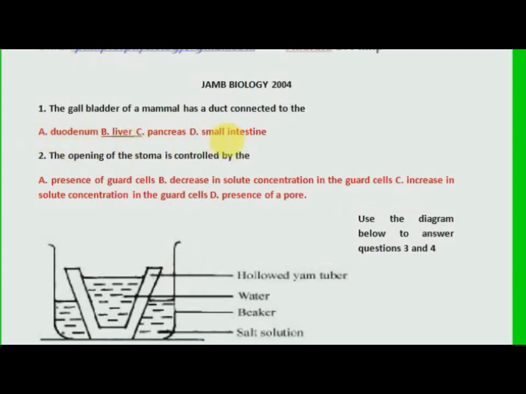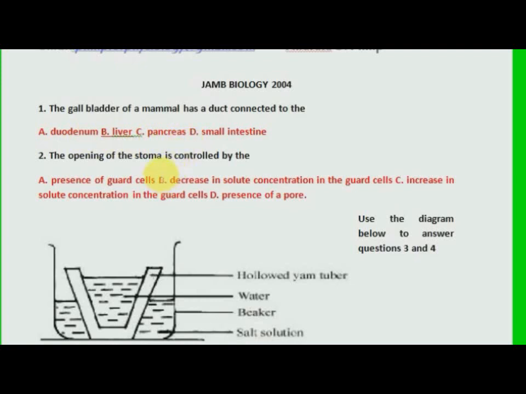However, small intestine is ambiguous because it has three parts. So if you choose this, you're not so correct because you are not specific. It's connected to the duodenum. That's where the gallbladder empties its bile to emulsify fat, so that the exocrine enzymes coming from the pancreas can perform their functions.